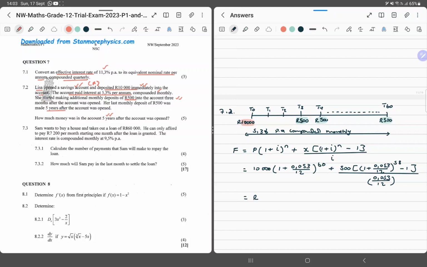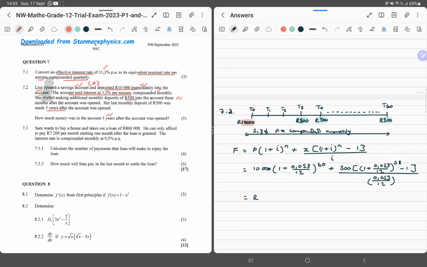Let's see where the problem is. 10,000 into 1 plus, I don't know guys, I kind of lost my focus over there. Something is not adding up here. 1 plus 0.053 over 12.